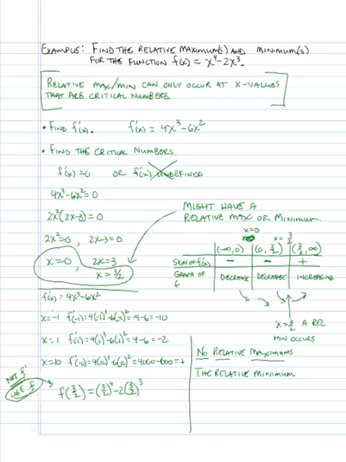I haven't done this. I hate to have to do all this in front of you, but I guess I need to. When I take 3 halves and raise it to the 4th power, I'm going to get 81 over 16. And when I take 3 halves and raise it to the 3rd power, I'm going to end up with 27 over 8.